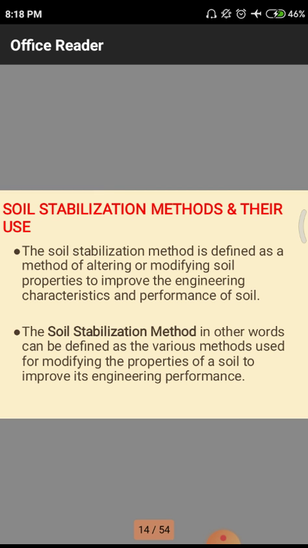Next one is the soil stabilization method. In other words, it can be defined as the various methods used for modifying the engineering properties of a soil to improve the engineering performance. That means soil stabilization methods normally give a good quantity of strength to the substructure, and it allows proper bonding to our structural elements like footings.